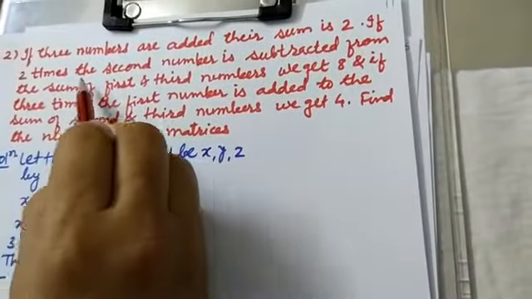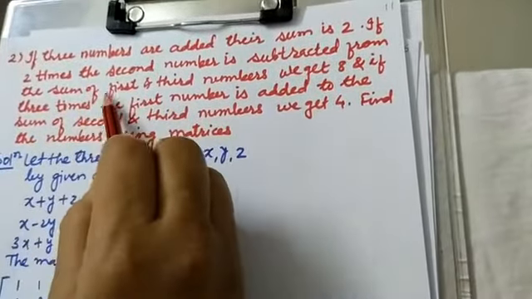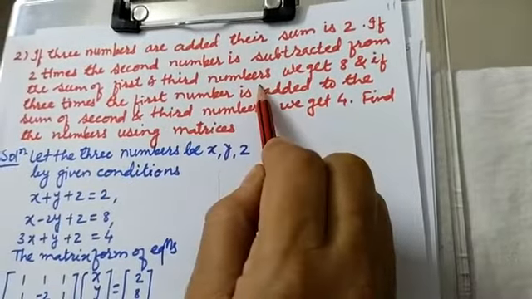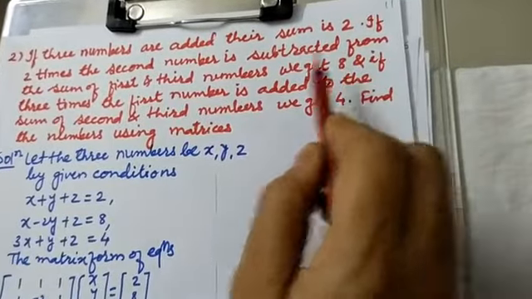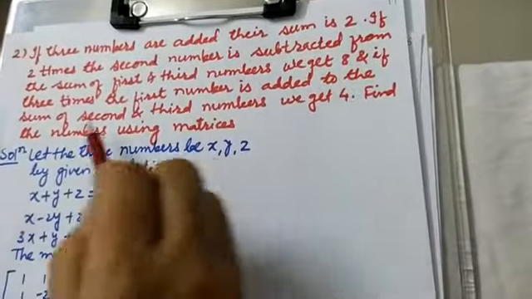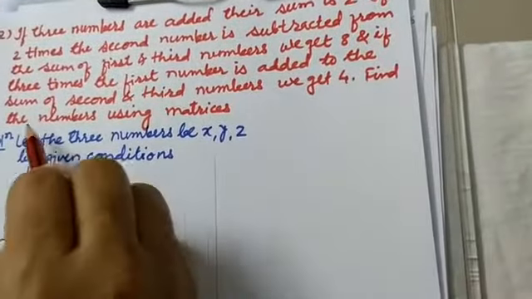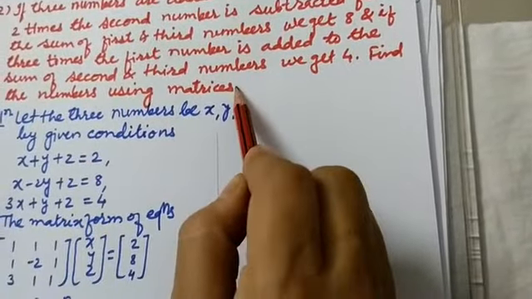If 2 times the second number is subtracted from the sum of the first and third numbers, we get 8. And if 3 times the first number is added to the sum of the second and third numbers, we get 4. Find the numbers using matrices.